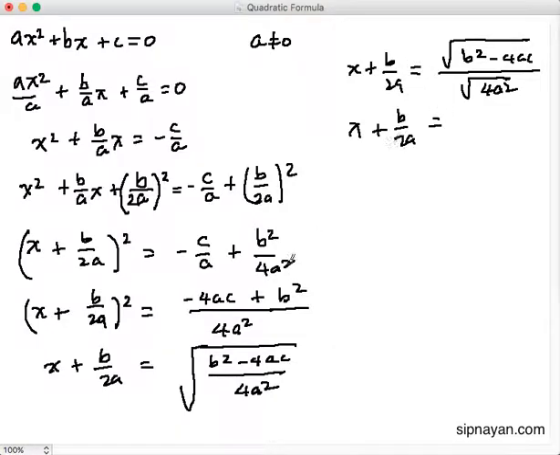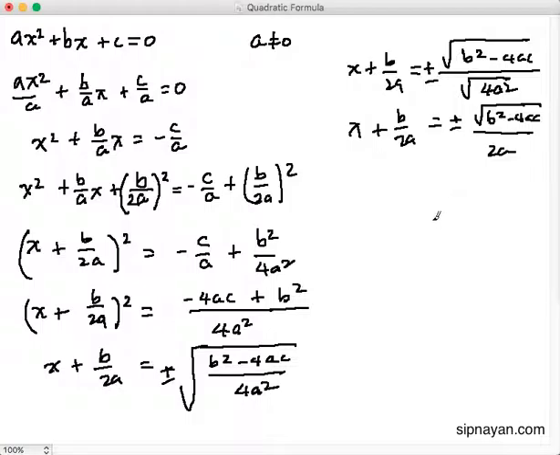It should be plus minus, right? It should be plus minus. So magiging plus minus square root of b squared minus 4ac all over 2a.